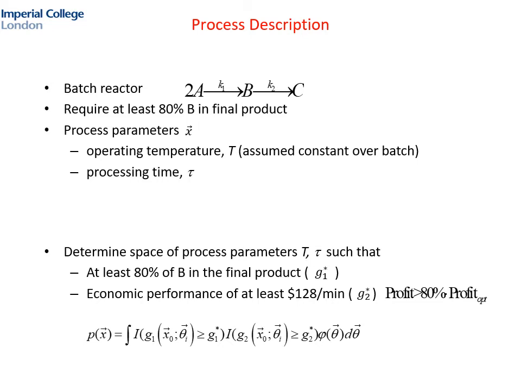That would be the threshold for the first constraint, and the economic performance of at least $128 per minute. That would be the threshold G2 for the second constraint. As we remember, then the probability map would be defined by this integral with a product of two indicator functions.